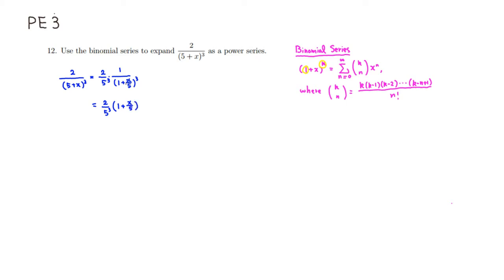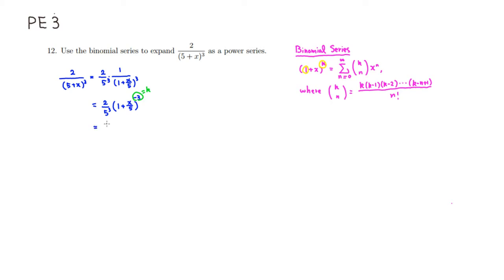This is sitting in the denominator, so it's a negative power, negative 3 power. Then we can see that it fits the form. This is our k value, and you can pretend that x over 5 is like the x in the binomial series. So using the binomial series, we're going to get this.